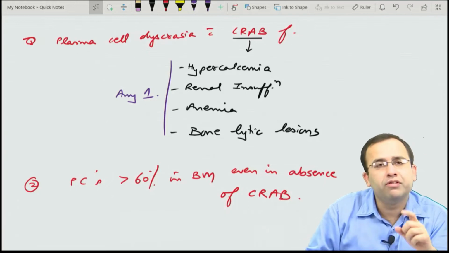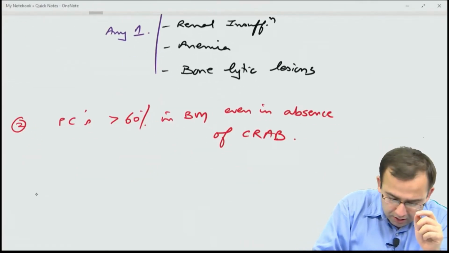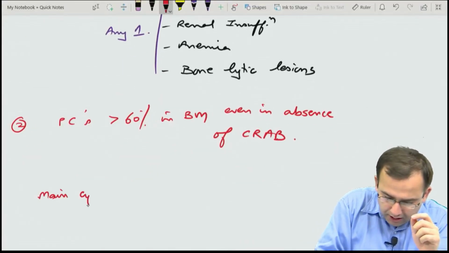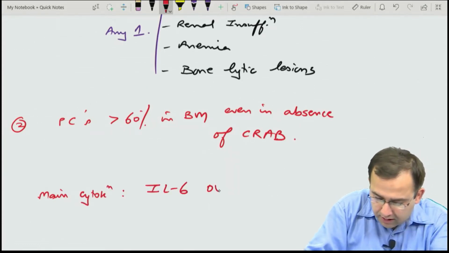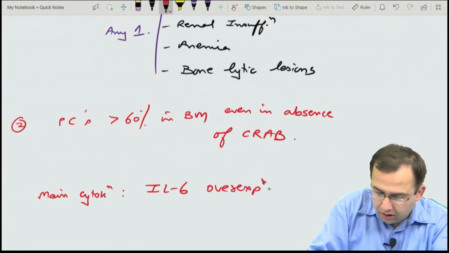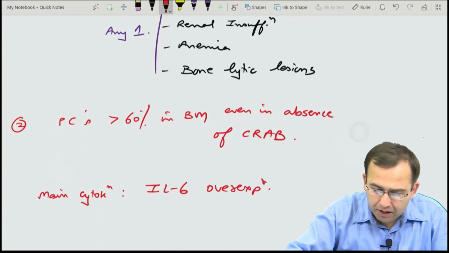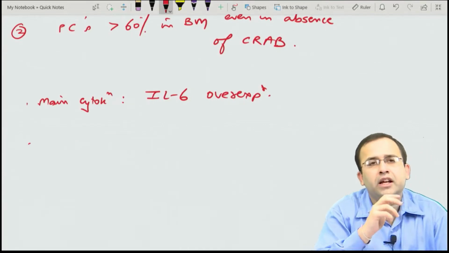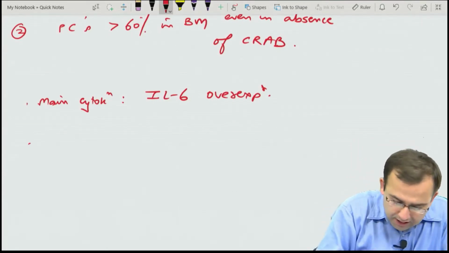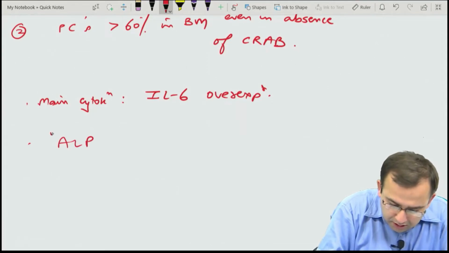Next point, you very well know the main cytokine associated with multiple myeloma, interleukin 6 overexpression. The whole pathogenesis of multiple myeloma is based on interleukin 6. Next, you again know that bone lytic lesions. Next, ALP. Please put a star on this.